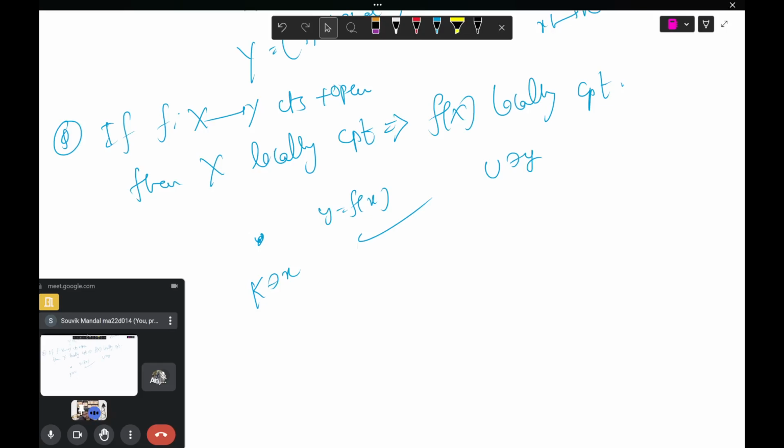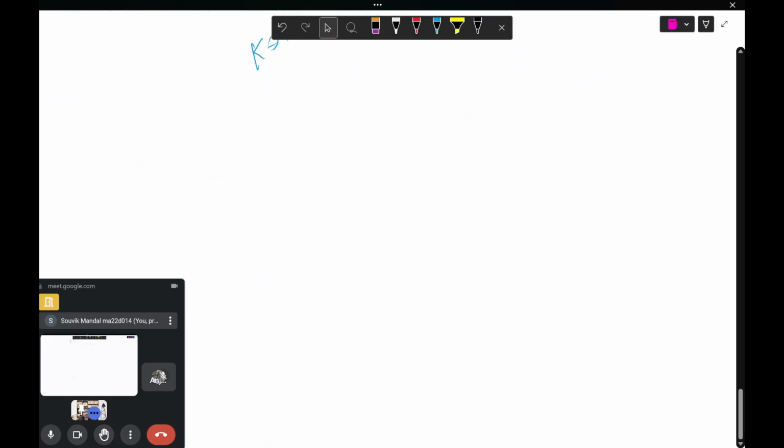So, do you know Lindelof space? You know the second countable space, right? Also you know that second countable space implies Lindelof and separable, correct? Yes, sir. Do you know that the product of Lindelof spaces is Lindelof or not?